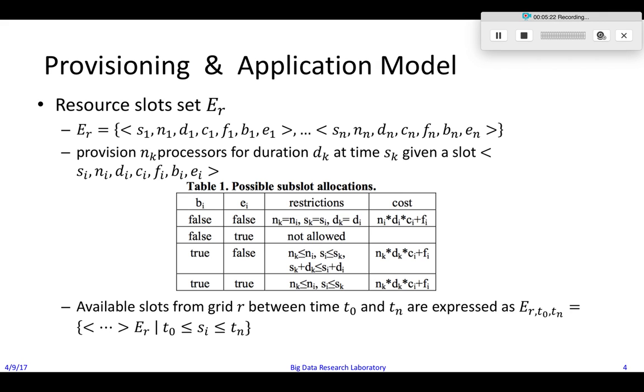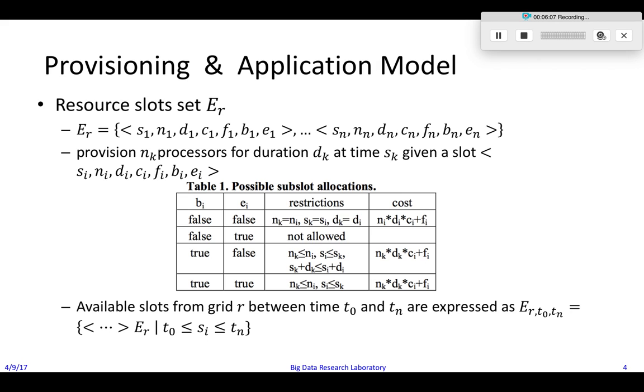The first one is the start time of the slot, n means the number of processors in the slot, d means the duration of the slot, and f is the extra cost for the slot. b is a Boolean value, which indicates whether the slot can be indivisible or not.